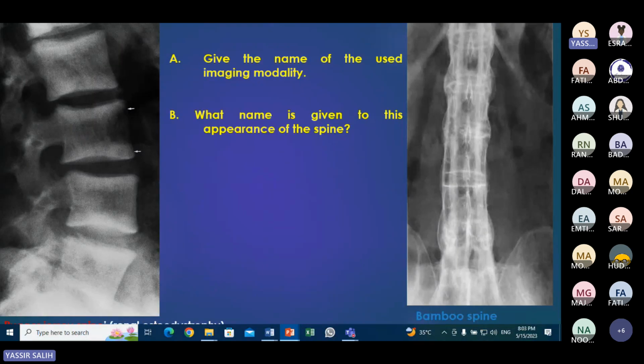What is the appearance of the spine? This appearance of the spine is called what? Bamboo spine. And this one?